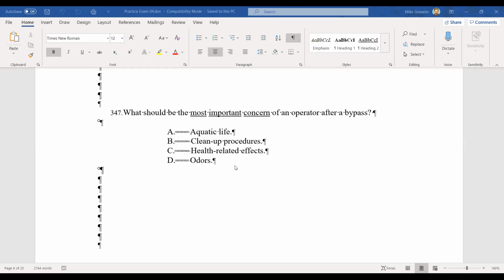So the correct answer is B, cleanup procedures. Cleanup procedures would then hopefully help the odor part of it. But you're right in the fact that aquatic life and health-related effects are so hugely important. But the question asks, as an operator, what would be your most important concern? So you have to consider what you can do, what you can control, what's part of your job. And in this one you'd want to be part of the cleanup and get that underway.